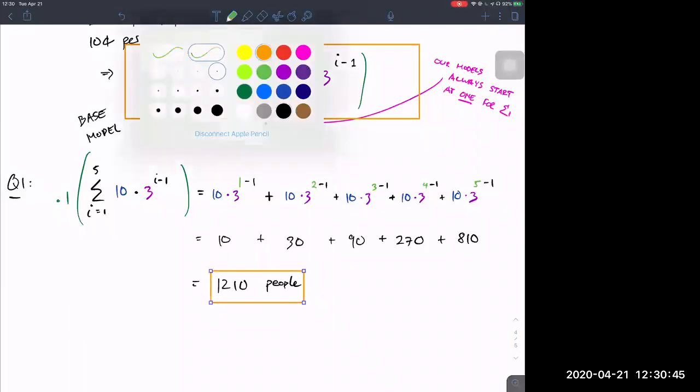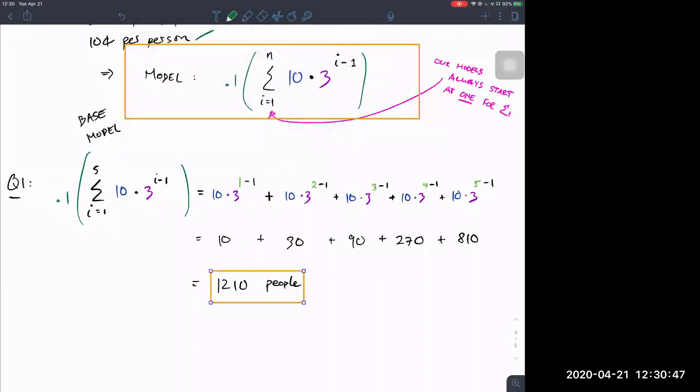Now, how much did you make? You made this times 0.1. This represents, move 1 decimal place over, $121 made.